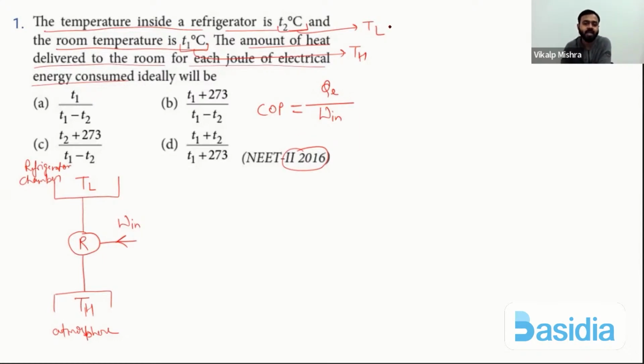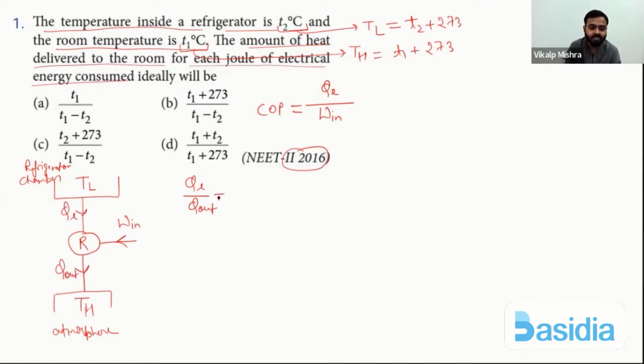So TL is the lower temperature, which we can write as T2 plus 273, because we have to write temperature in Kelvin. That's why we are adding 273. And what is TH? TH is T1 plus 273. Now here, heat extracted is QE, and this is the heat out, rejected.